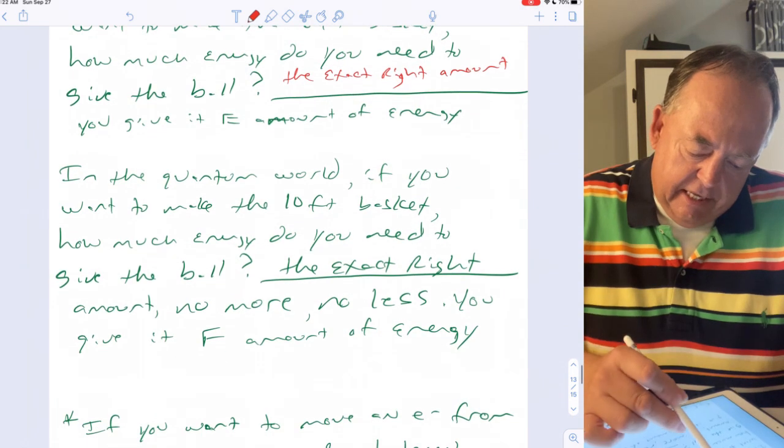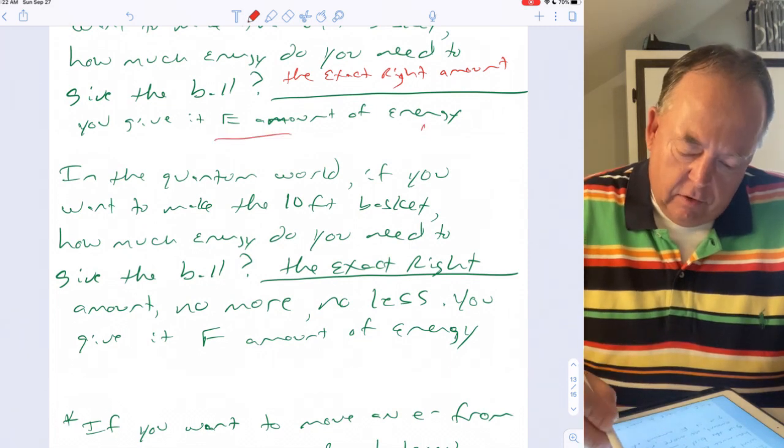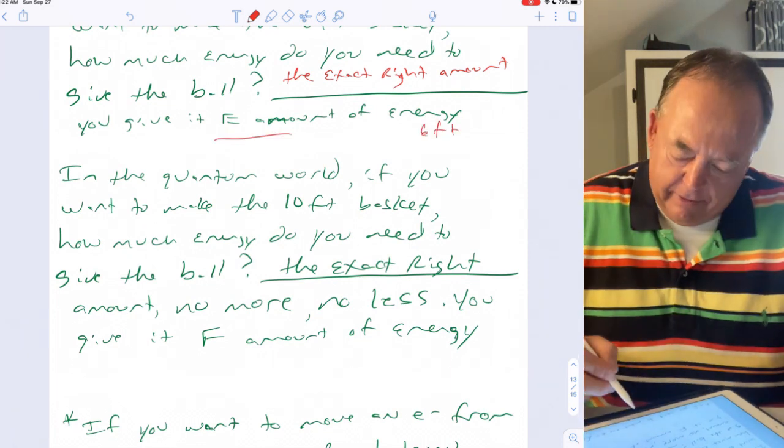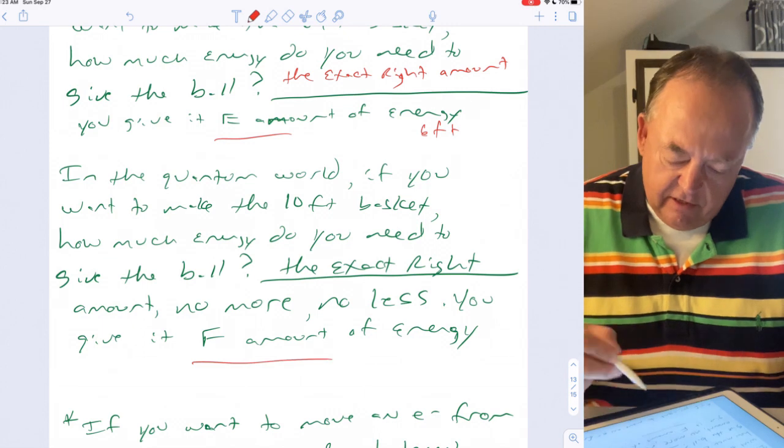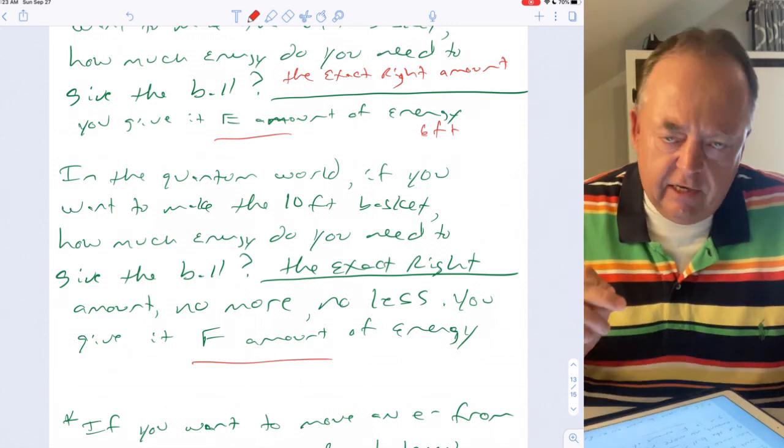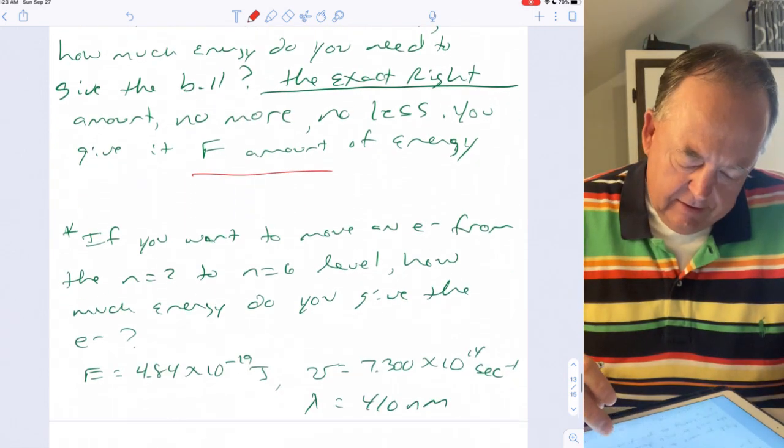You have to give it E amount of energy to make the 6-foot hoop, or F amount of energy to make the 10-foot hoop, right? You have to give it exactly the right amount.